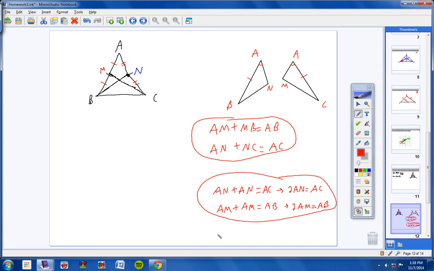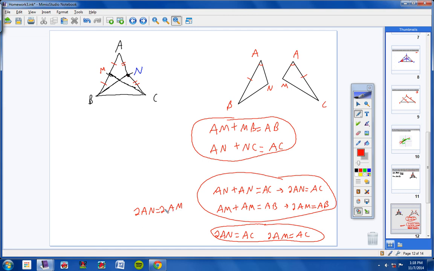I'm going to put 2AN equals AC, and then I'm going to put 2AM equals, and what can I put for AB? AC. Definitely. And now I can look at 2AN equals AC and 2AM equals AC. I can state that 2AN equals 2AM.